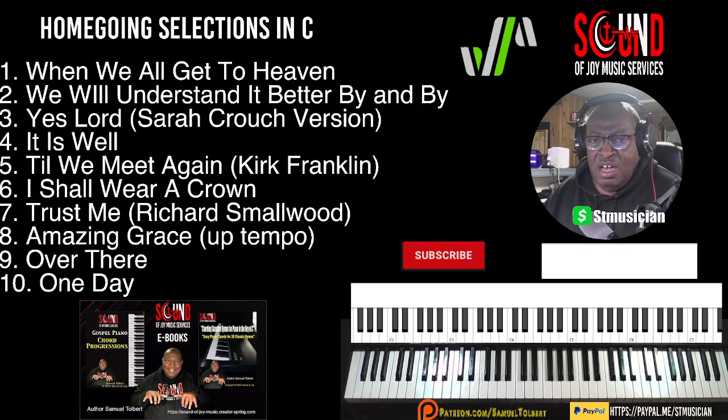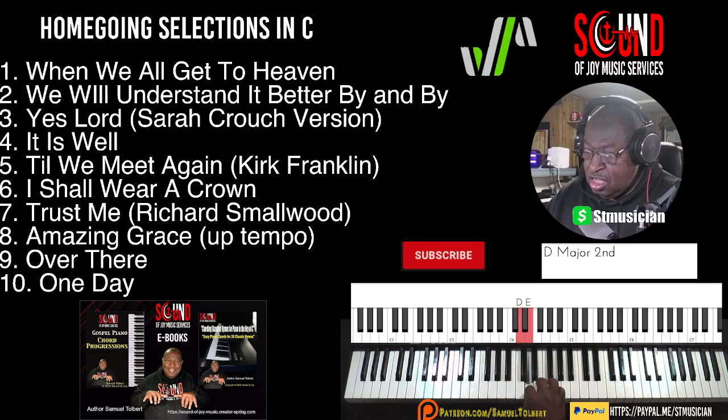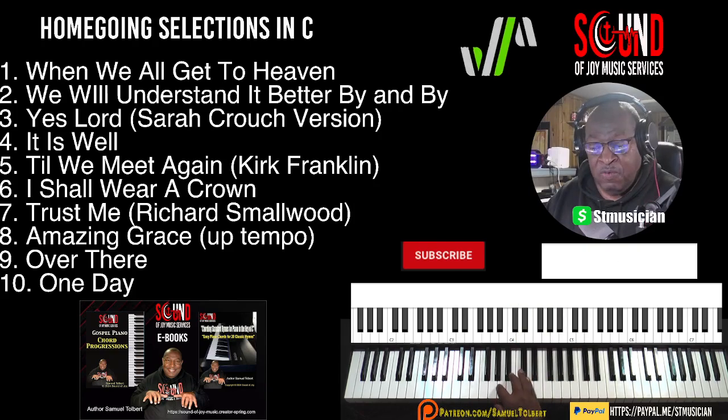Amazing Grace is again a standard you will always hear. Not normally done in the key of C, but usually F or G flat or even G. But in C, look at your melody to find your scales. Those could go 5, 1. And I have the up tempo, which means don't drag it.